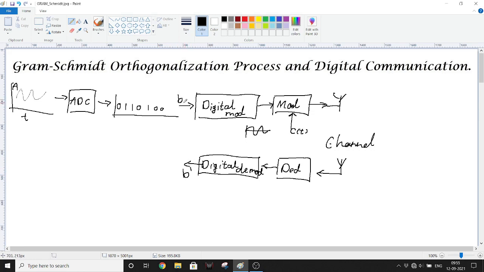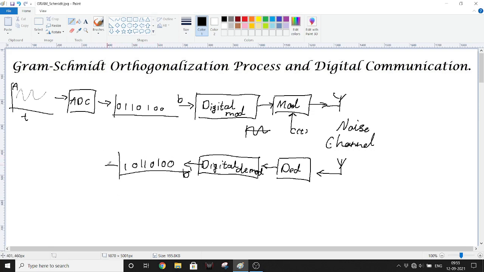If my input was b, here b and b dash are the bits, but they can be different. Why can they be different? That is because of the noise that is present in the channel or in the system, or mistakes when we are decoding them. Those all contribute to the change in the bits, but at last we get some train of bits.